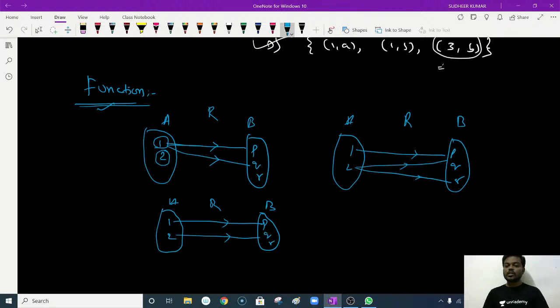So 1 is associated here with P and Q also, and the first condition is failed. Every element in set A must be associated with a unique element in set B, so 2 is left out. So this relation is not a function, that is only a relation.